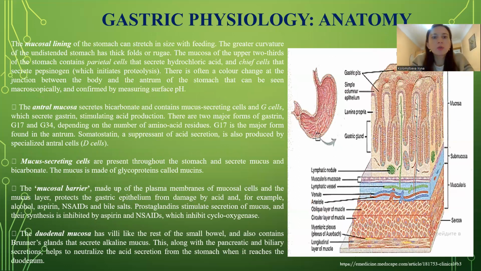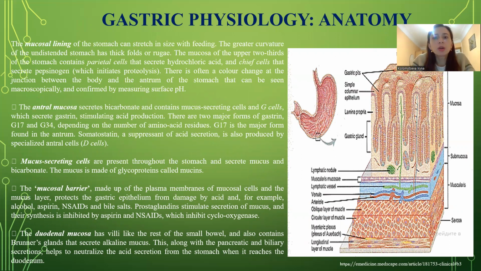The mucosal lining of the stomach can stretch in size with feeding. The greater curvature of the undistended stomach has thick folds, or rugae. The mucosa of the upper two-thirds of the stomach contains parietal cells that secrete hydrochloric acid and chief cells that secrete pepsinogen.